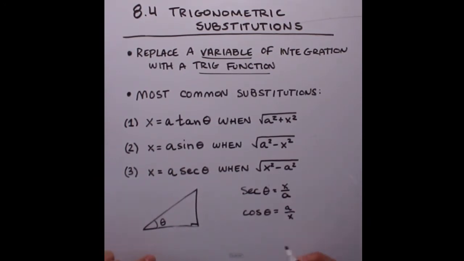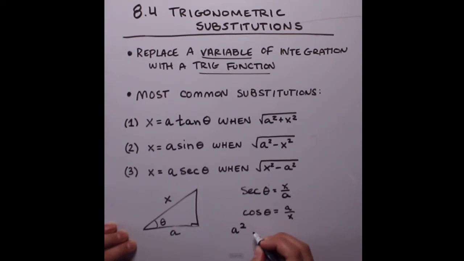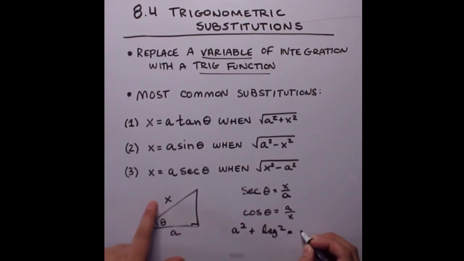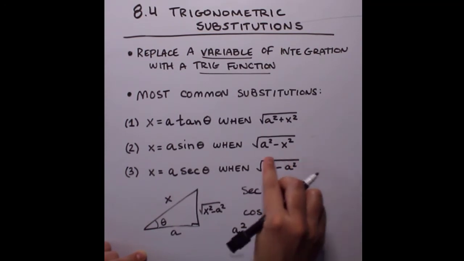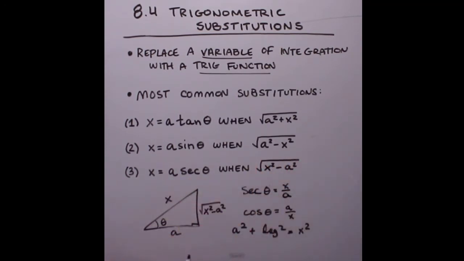So cosine of theta we know is adjacent over hypotenuse. And so again with our Pythagorean theorem, a squared plus this missing leg squared equals the hypotenuse squared. So if you solve for this missing leg, you'd have x squared minus a squared inside the square root. And notice that's the type of integrand you'll see. A times secant theta would be a good substitution.